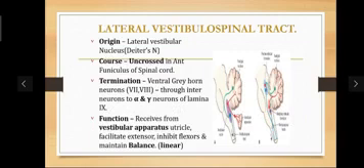And the lateral vestibulospinal tract. The vestibulospinal tract is also divided into lateral and medial. The lateral tract's origin is from the lateral vestibular nucleus or Deiters nucleus, and it is uncrossed in the anterior funiculus of the spinal cord. Okay, remember this: lateral vestibulospinal is uncrossed.